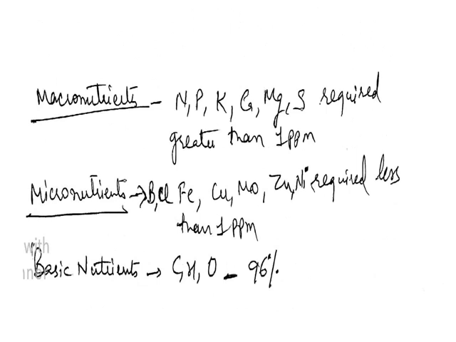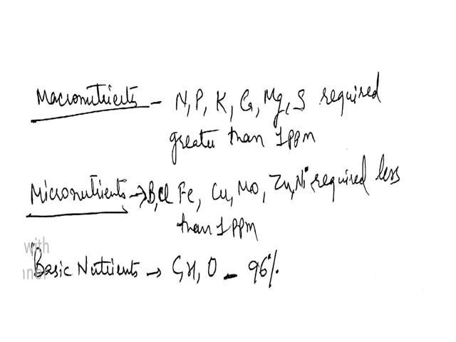As we have talked about nitrogen, phosphorus and potassium, they come under macronutrients, required in greater amounts. Here we can understand how much is required: nitrogen, phosphorus, potassium, calcium, magnesium, sulfur.